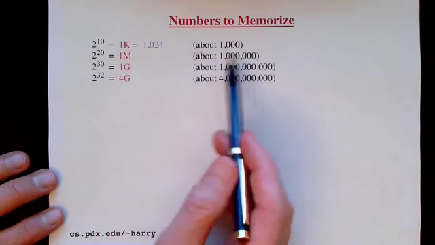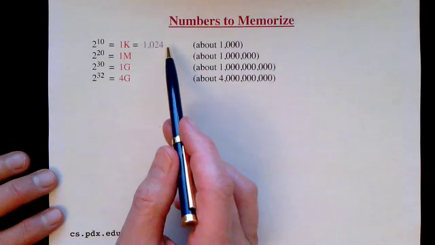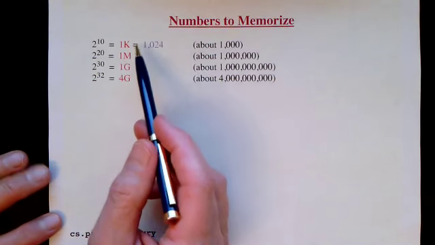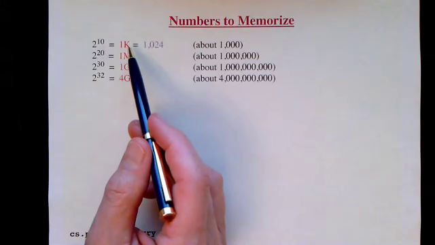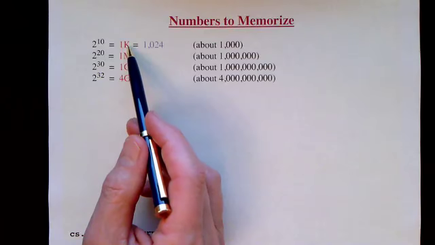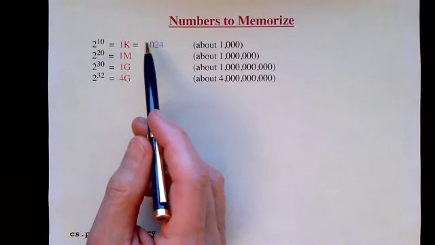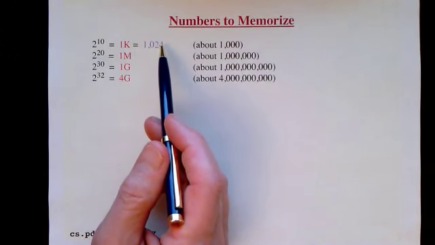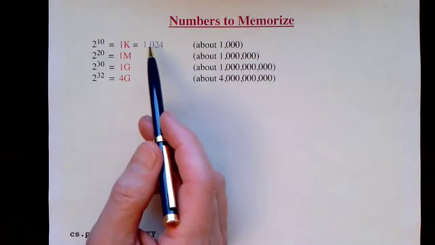And notice it's about 1,000, not quite exactly 1,000. In many other domains, K means 1,000. For example, a kilogram, we use the symbol K for that as well, and in the case of grams, K means exactly 1,000. But when we're talking about binary numbers and computer memory, K means something slightly different.